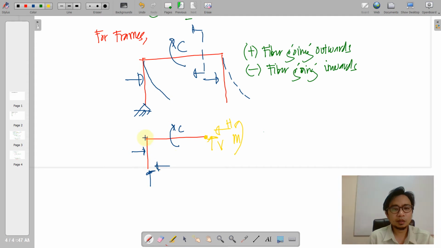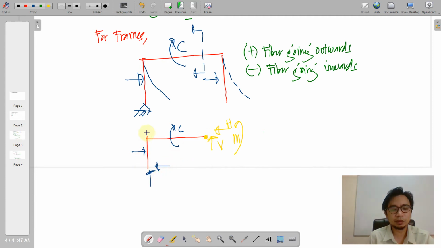It will have an orientation wherein your fiber is going outwards. So that is the effect of C. Okay, if that is going outwards, we take a positive sign to it. And for the reaction, this is going upwards.